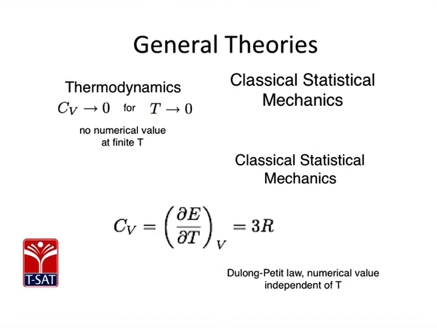There are classical statistical methods, quantum statistical methods and thermodynamical methods. In all these, the Cv value, equal to ∂E/∂T at constant volume, is equal to 3R, where R is the gas constant. Dulong and Petit give the numerical value as 3R.